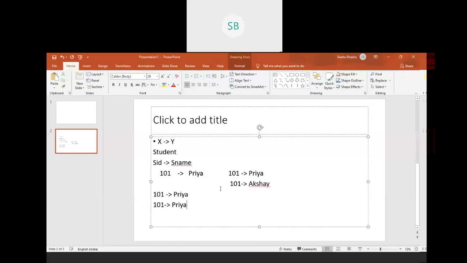So 101 Priya and 101 Priya means we may have entered the value twice in the database by mistake, but it is not wrong, since it refers to the same person. But in this case, it is referring to two different persons. So it is an invalid case, and that is why we say it's not functionally dependent.